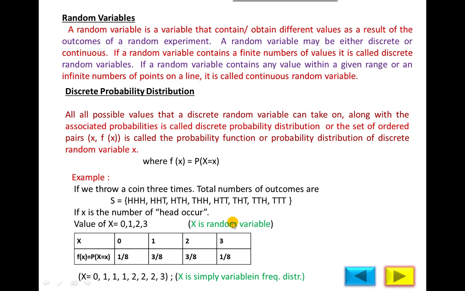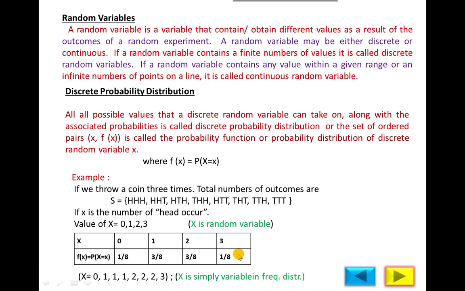So we will use the word random variable in the probability distribution table and the different formulas of the probability distribution. Just as with the frequency distribution table, we will also find the mean, standard deviation, mode, etc., according to your syllabus. Okay, the method is different.